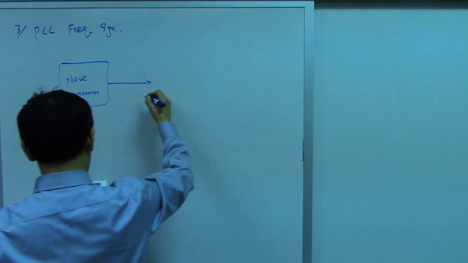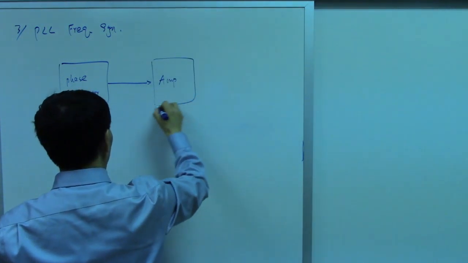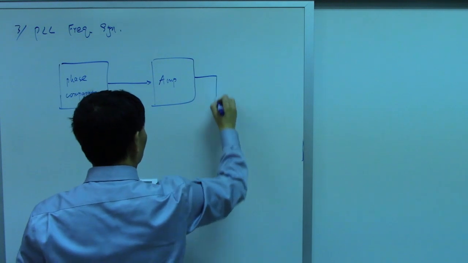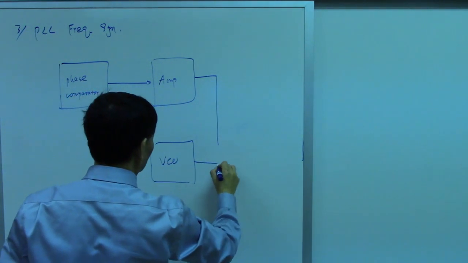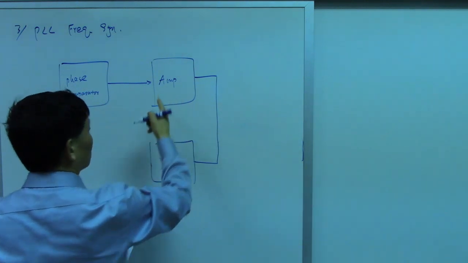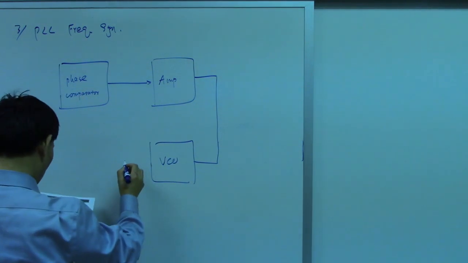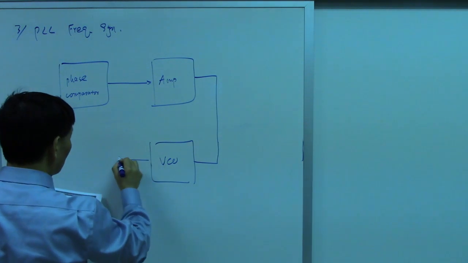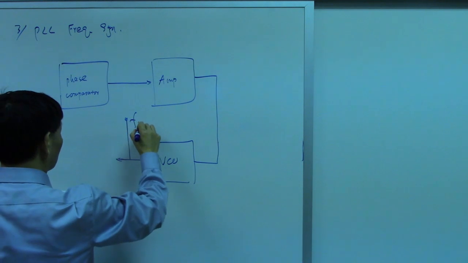Then we have an amplifier. And then we have the VCO here. The amplifier is always called a loop filter. And we have the VCO here. And this one will be our output here.